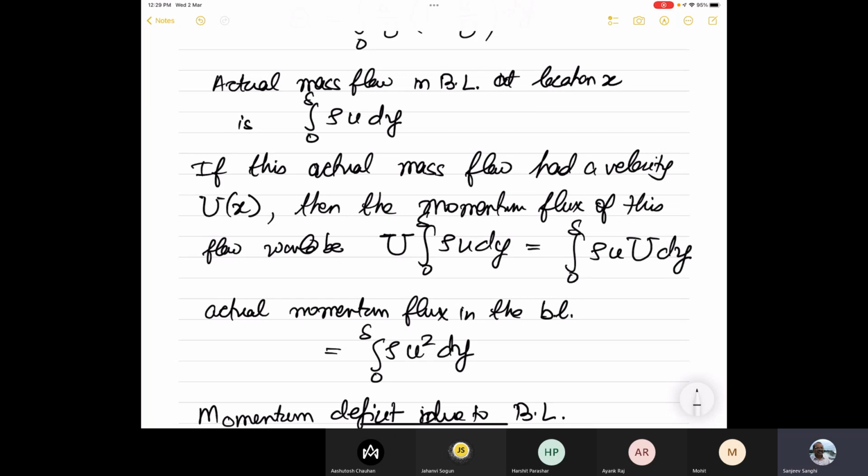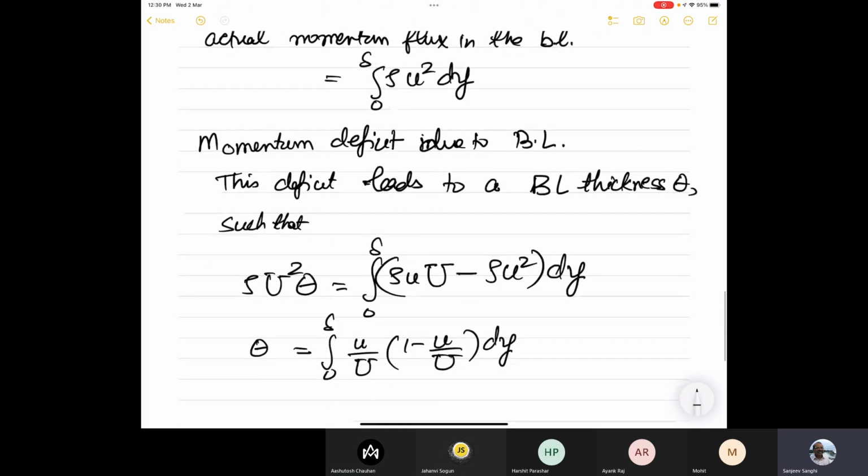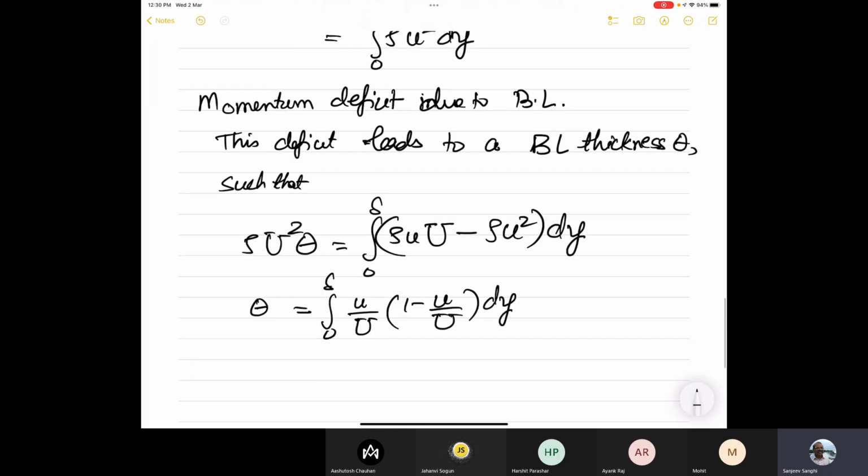If you recall, when we do integral flow analysis in the first course, the first guiding principle, at least which I teach, is mass balance has to be always satisfied. So that is why we are defining it like this, but nobody prevents you from defining a second thickness, which is 1 minus small u square upon capital U square dy.